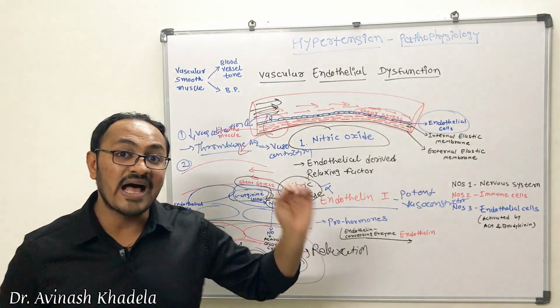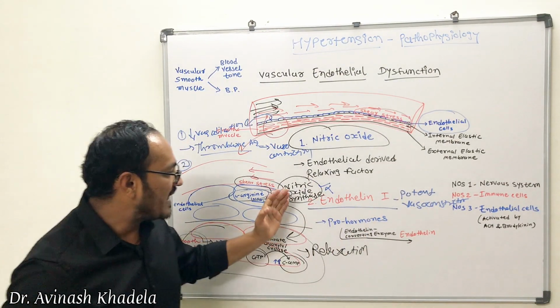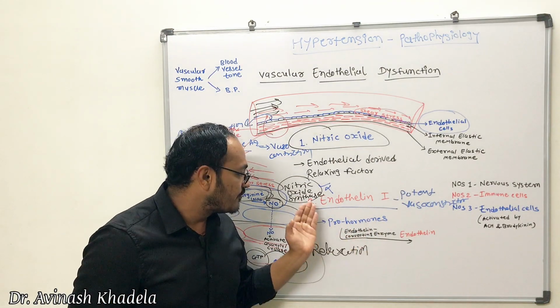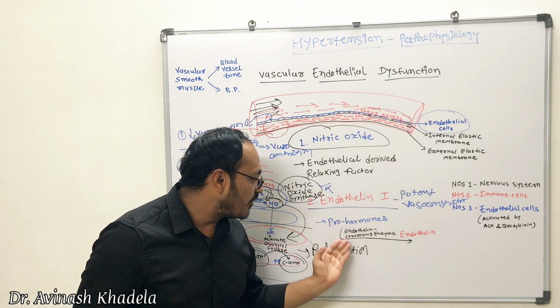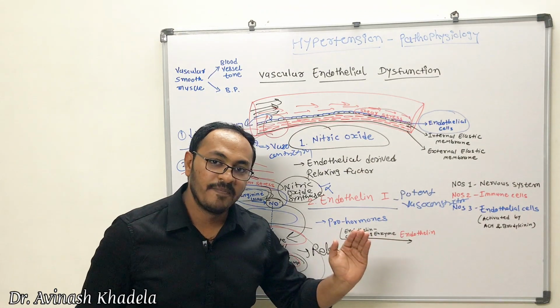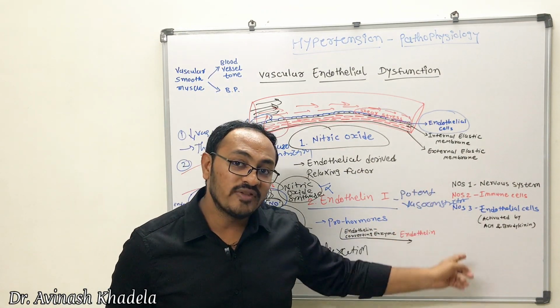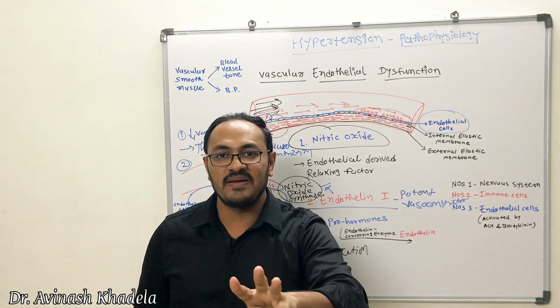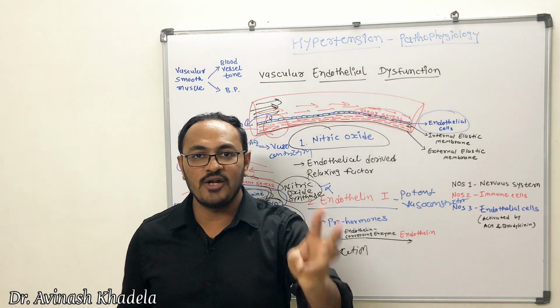Now let us understand how endothelin 1 works. Endothelin is first synthesized from the prohormone with the help of endothelin converting enzyme. Now endothelin has three subtypes: endothelin 1, endothelin 2 and endothelin 3.